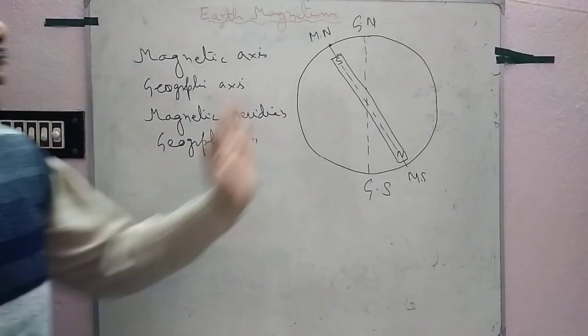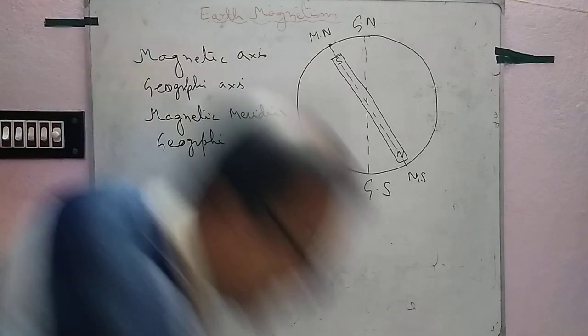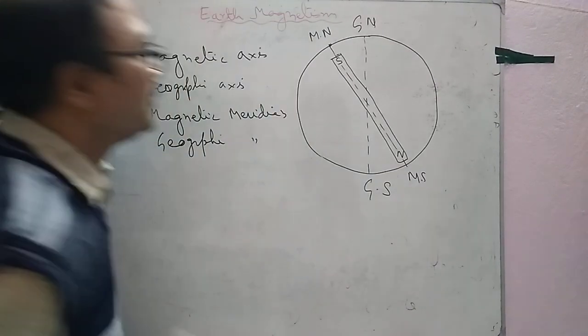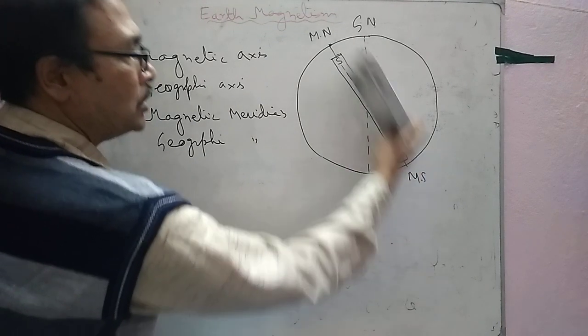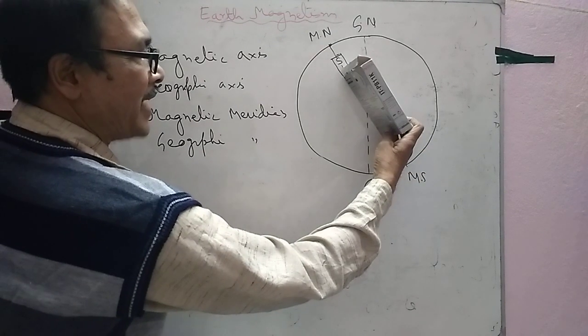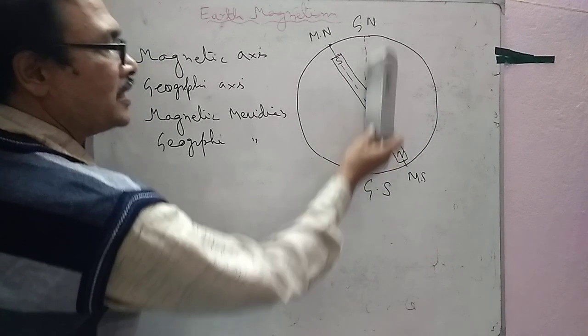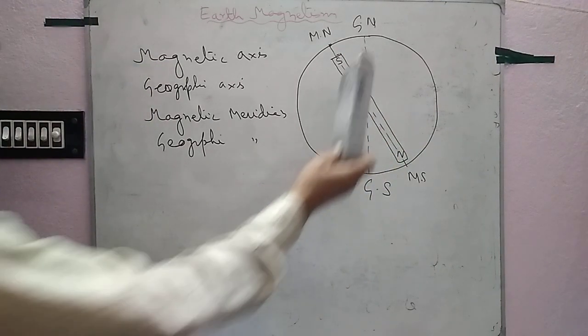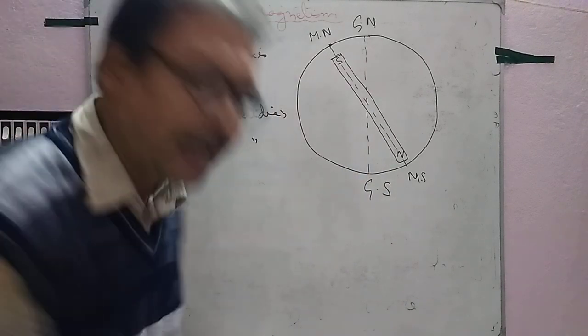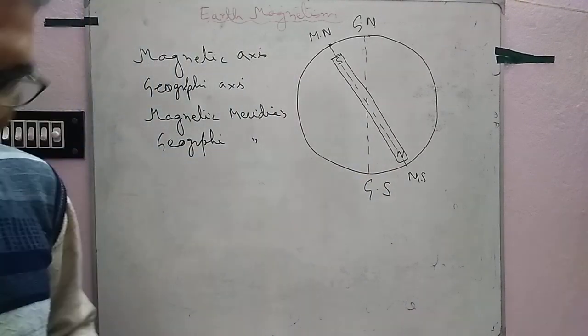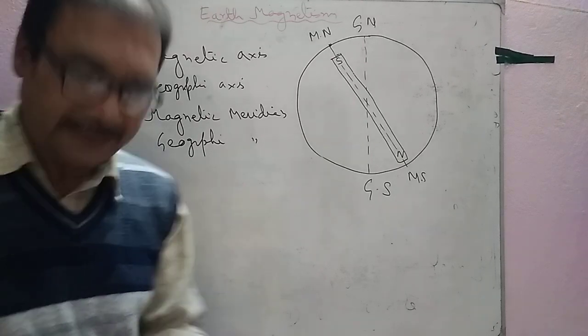Now, if we follow the figure, this plane through the magnetic axis is called the magnetic meridian, and this plane is called the geographic meridian. The angle between these two meridians is called the angle of declination. Later I shall discuss it.